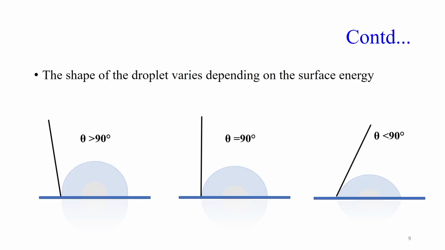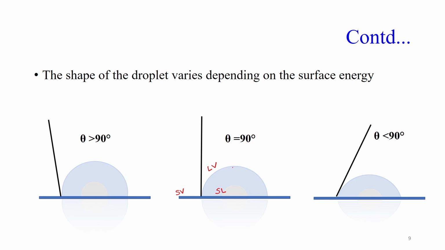Now, as I told, this contact angle is the resultant of three interfacial tensions, that is the solid liquid, that is happening at the interface, solid liquid, this is the solid vapor, and this is the liquid vapor.